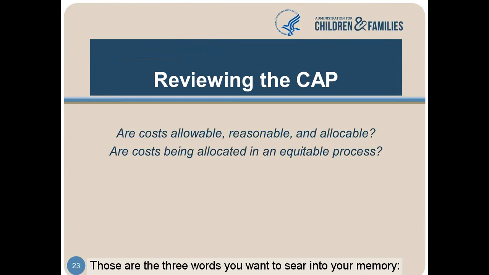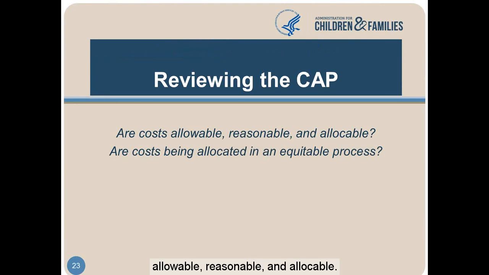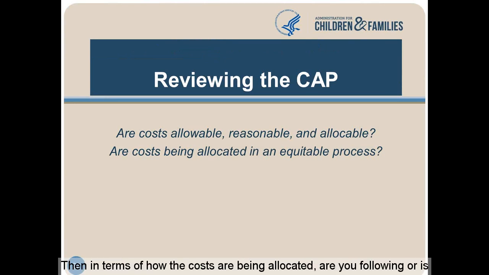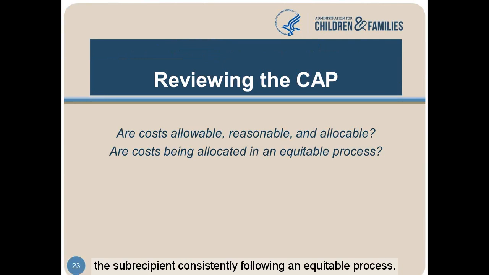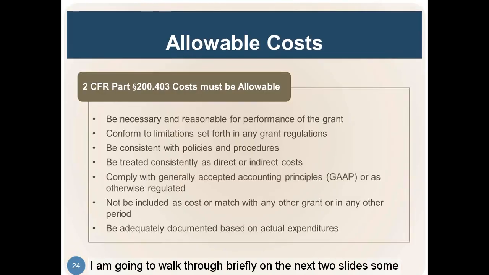Those are your three words that you want to sear into your memory: allowable, reasonable, and allocable. And then in terms of how the costs are being allocated, are you following, or is the subrecipient consistently following an equitable process?